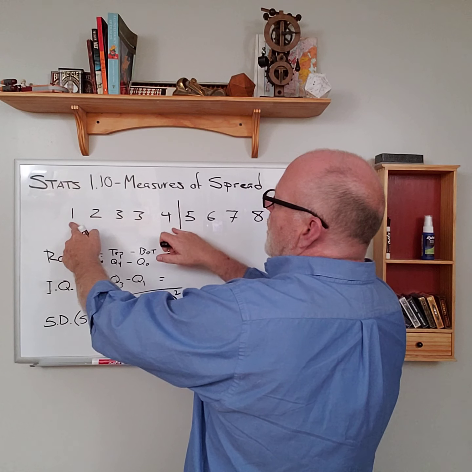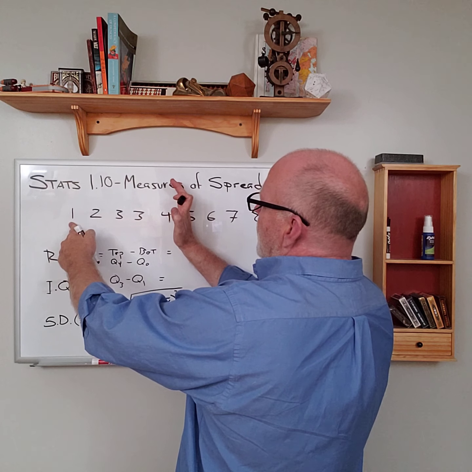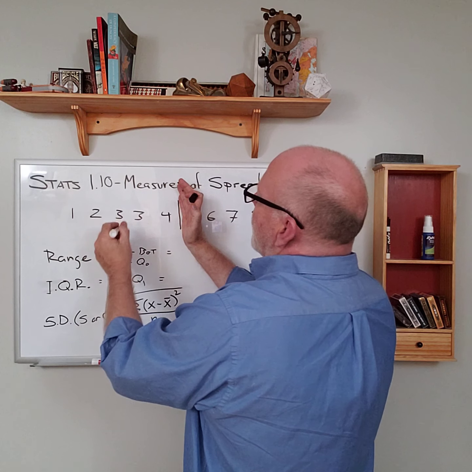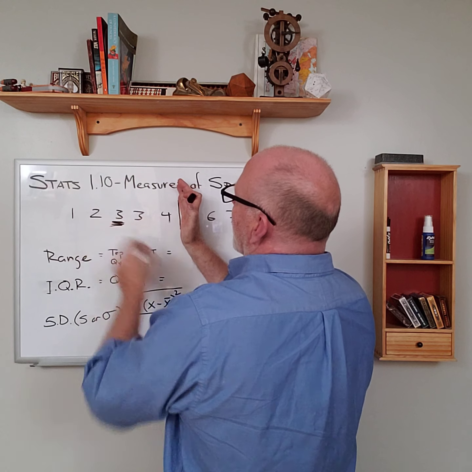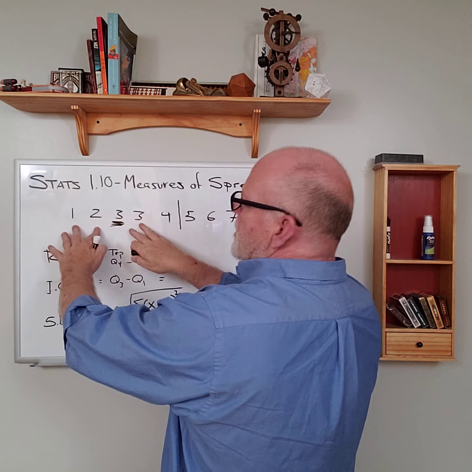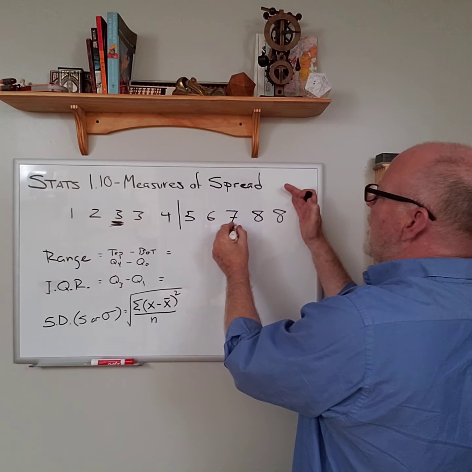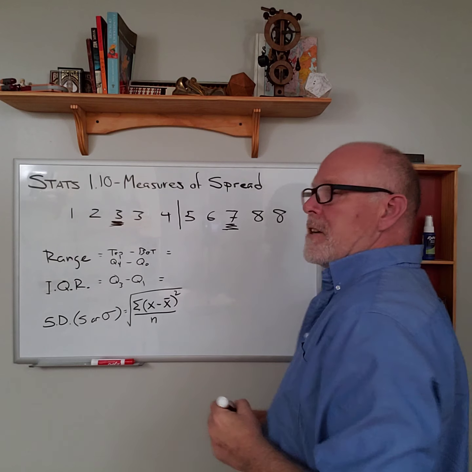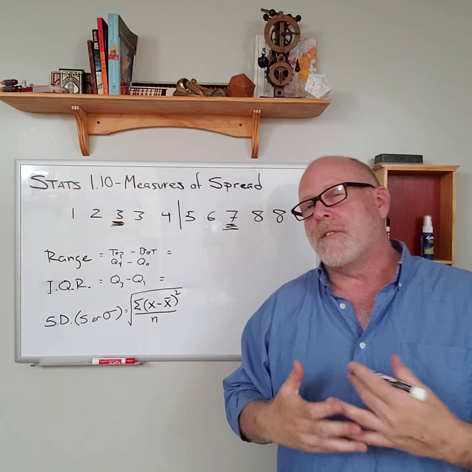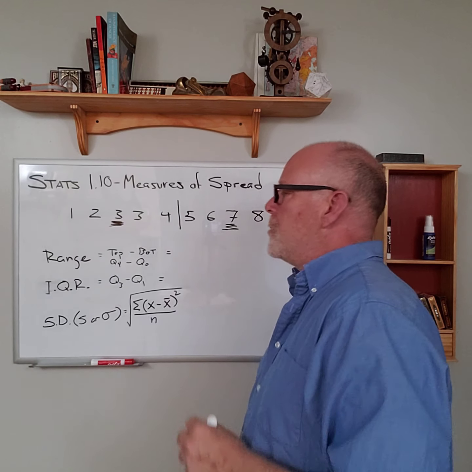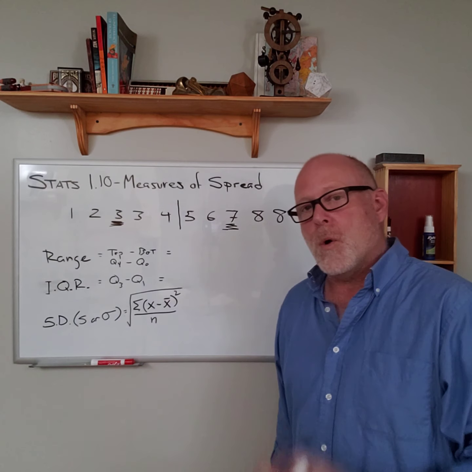If I divide each of these halves, 4 was in the bottom half, so now I've got 1, 2, 3, 4. If I take the middle number here, that divides that data into 2 halves. And if I take the middle number here, that divides the top half into 2 halves. So I've got my quarters. And those division points, those breaking points between the quarters, are what we call quartiles.